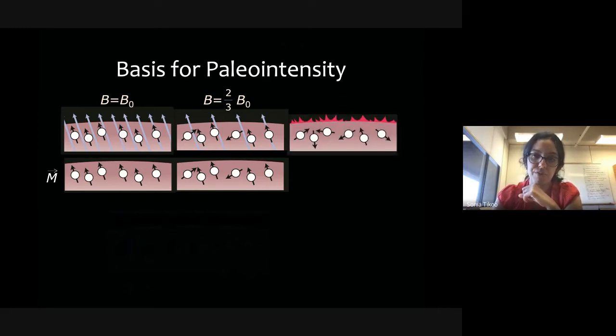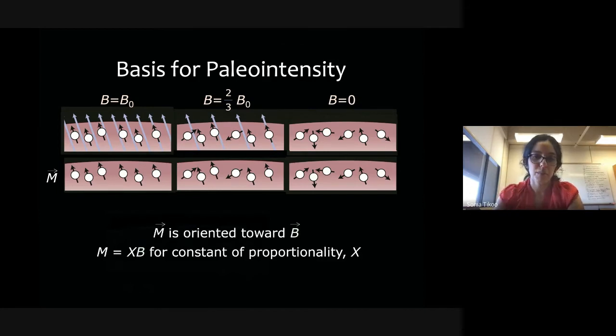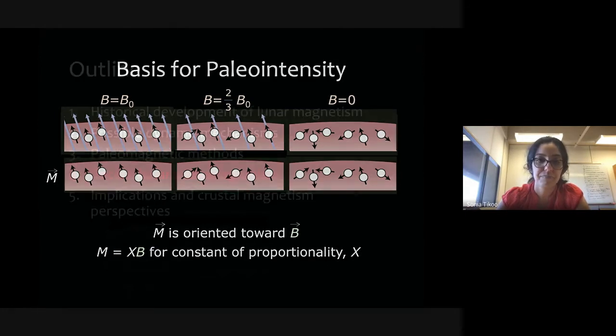And again, if there's no field around, there's nothing to bias magnetization directions and you have a net zero magnetization. But the takeaway here is that the magnetization in a rock is oriented towards the direction of the field, and the strength of that magnetization is directly proportional to the strength of the magnetic field.